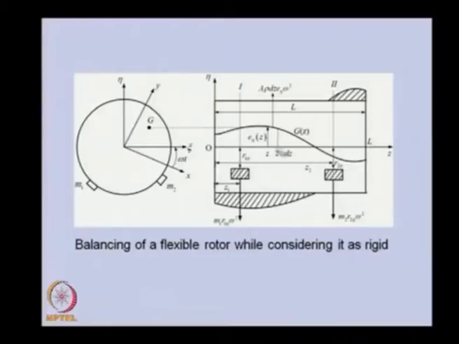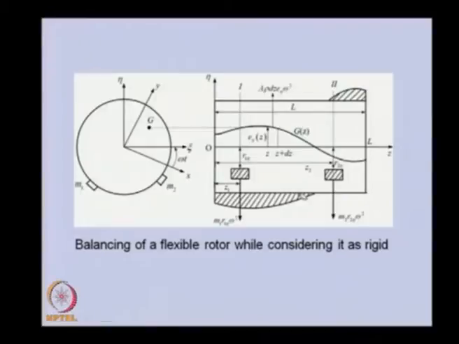In that case, if we rotate the rotor at any speed, and if deformation takes place, we still have the assurance that it will balance the unbalance in the rotor. But putting this kind of continuous correction mass variation is not feasible in practice, so obviously we need to limit ourselves, and we do balancing up to a certain speed.